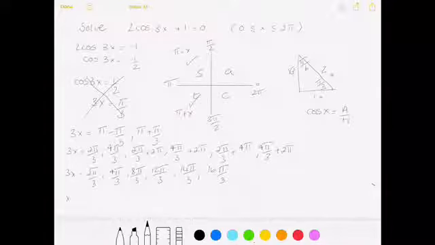All that remains to be done now is to divide by 3, so the denominators will become 9 in each case. And then simplify any fractions where possible.